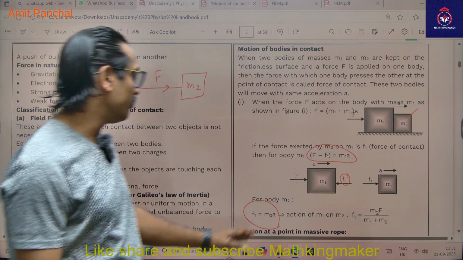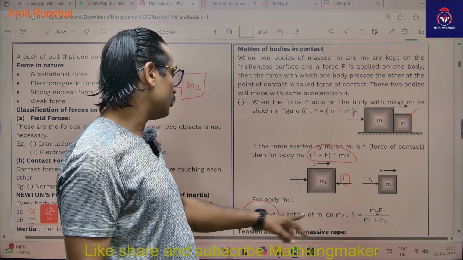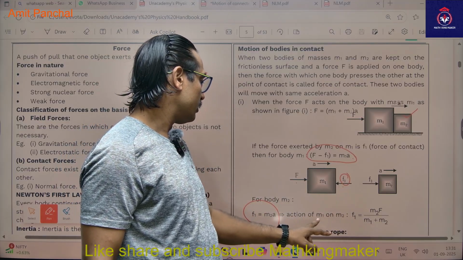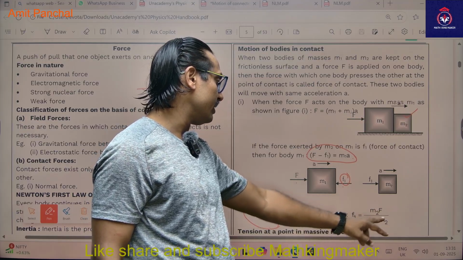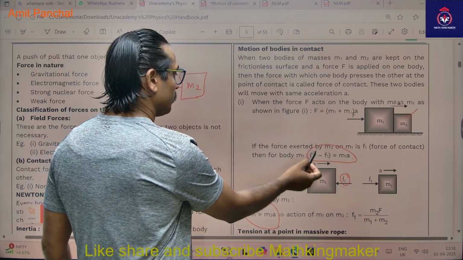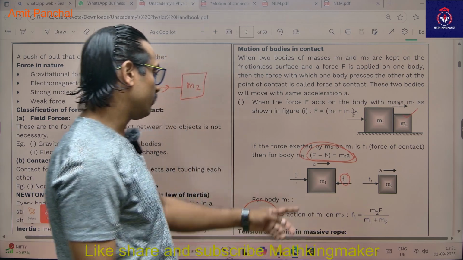If we solve these two equations, the action of M1 on M2 will be given by M1 M2 F divided by M1 plus M2.